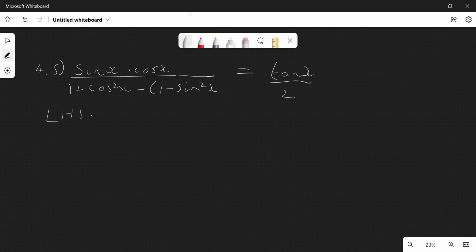Let's deal with that. Okay, so if you look at my denominator, I have options here on what I can do. Either I can turn this one into cos squared x plus sine squared x. Okay, I have that option. I could turn this into another form of that identity.